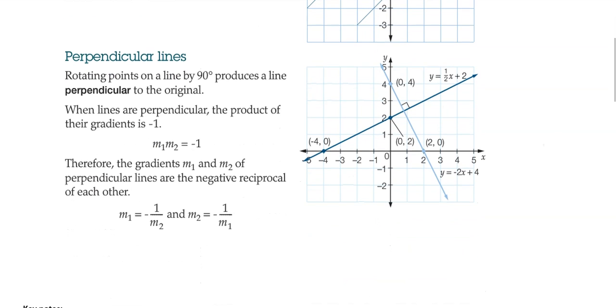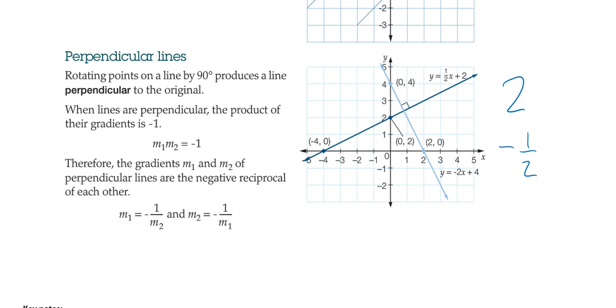With perpendicular lines, if you multiply the gradients together, you'd get -1 as a result. The other way of looking at it is one of them is equal to -1 over the other. So if I have a gradient of 2, let's go with 2, then a perpendicular gradient would be -1 on 2.